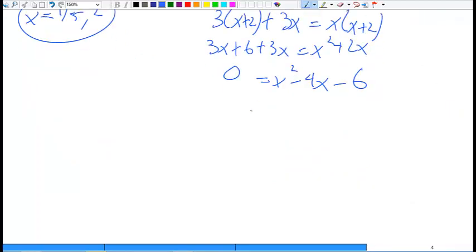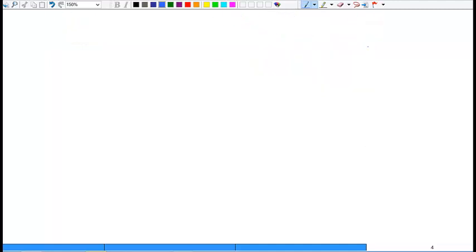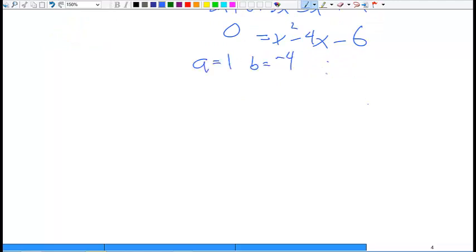Okay, so we're going to try to factor, and I'll let you kind of stare at that for a second. There's not really any two factors of 6 that are going to add up to -4, so this would be a great problem for the quadratic formula. And so a is 1, b is -4, c is -6.